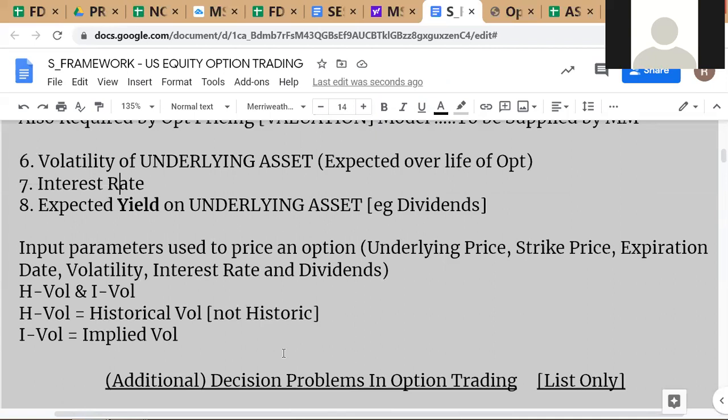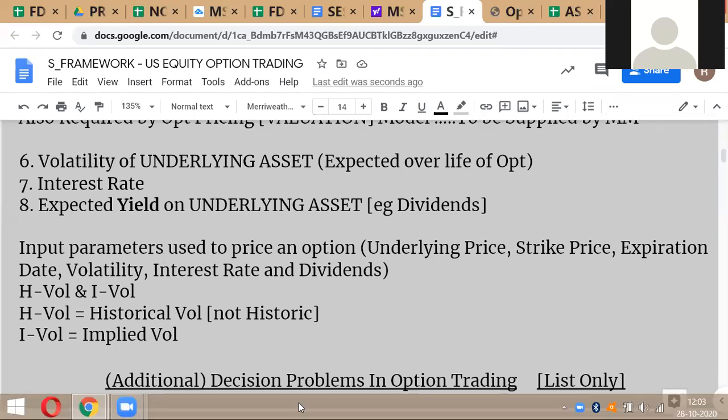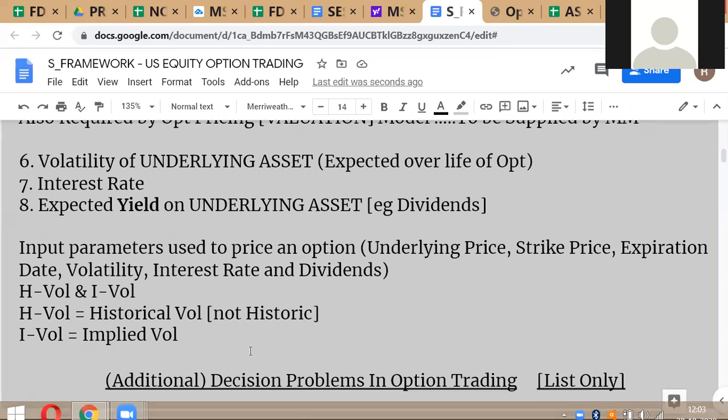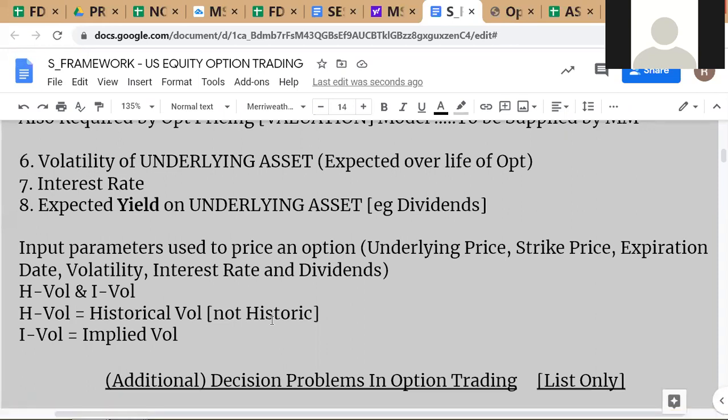We'll just talk about a couple of conventions in terms of how we are going to refer to things. We are going to talk about volatility. I'm not going to use this big word every time. I will just call it vol. Vol means volatility. We refer to two types of vol: H vol and I vol.